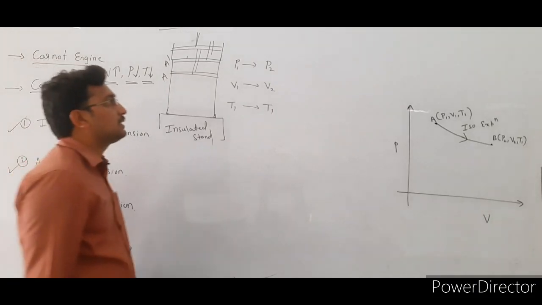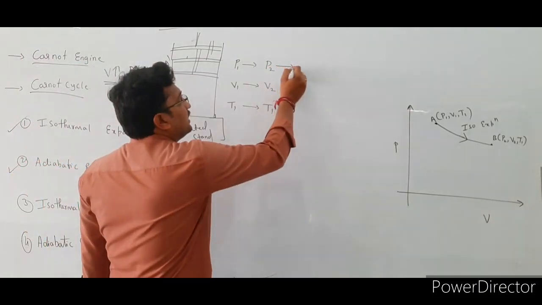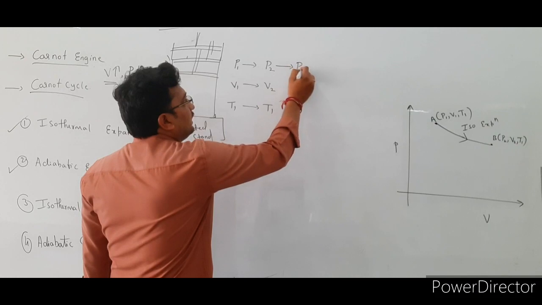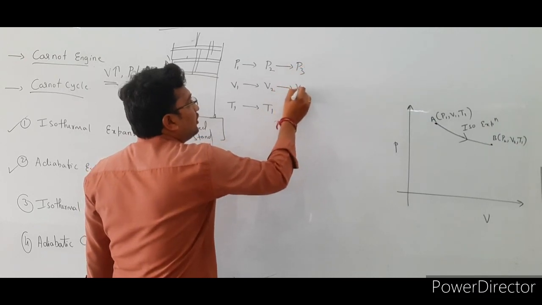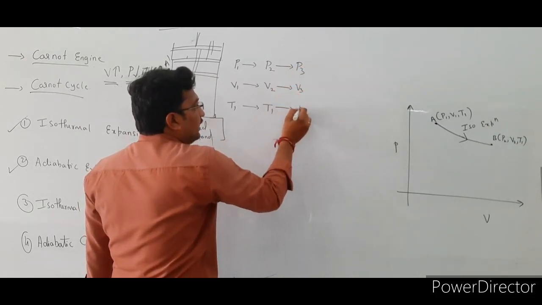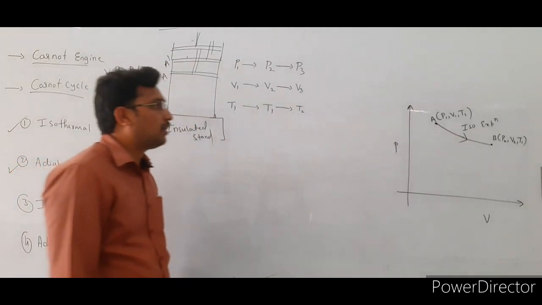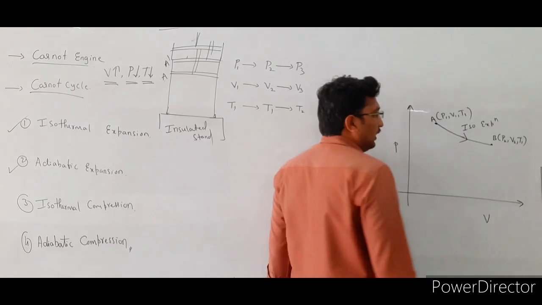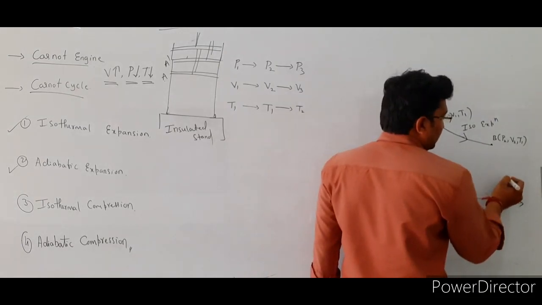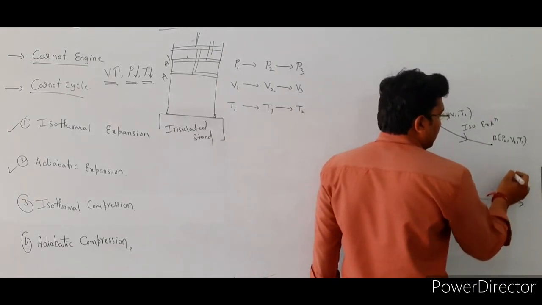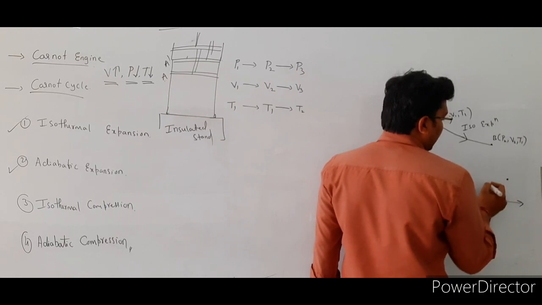Then the state of the system changes: pressure changes from P2 to P3, volume changes from V2 to V3, and temperature changes from T1 to T2. We will represent this as point C in the PV diagram.